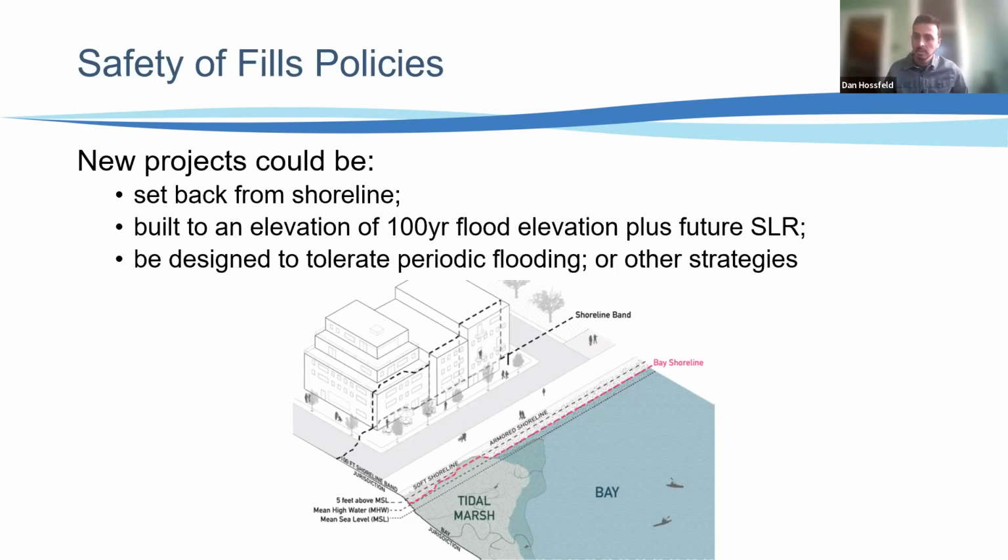This one in particular is a very common design element in BCDC's projects. And also, projects could be designed to tolerate periodic flooding, or use other strategies that increase the resilience of the development itself to future flood events.